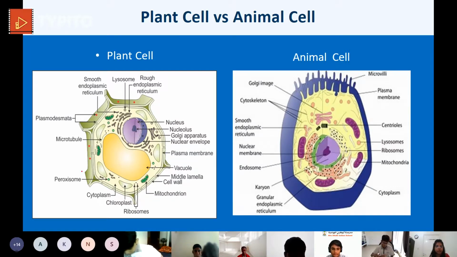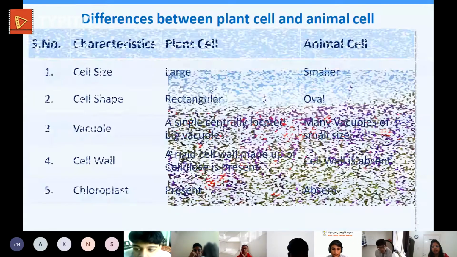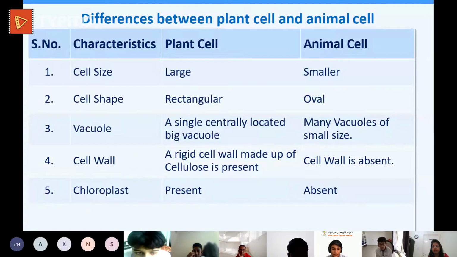You have to draw the diagram, but later on, we don't have time right now. These diagrams are given in your textbook.